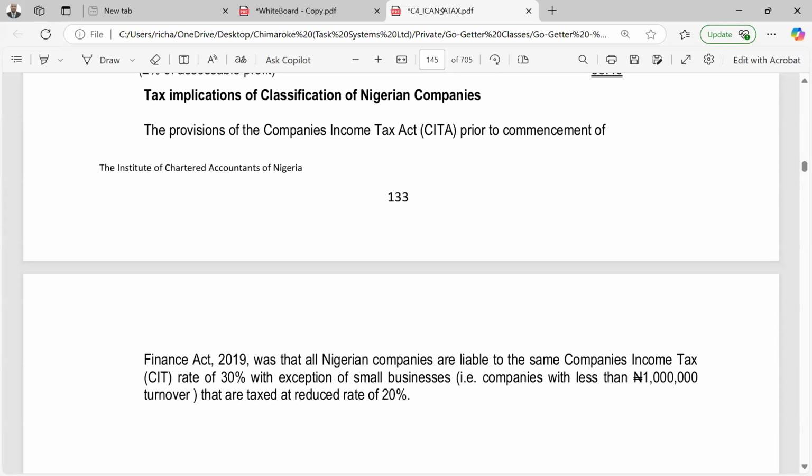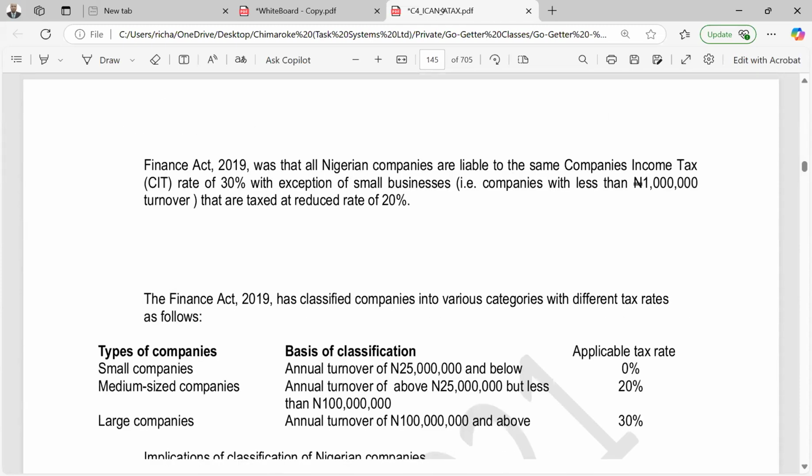Small businesses were charged 20%, and small businesses were known to be businesses with 1 million naira turnover or less. That was what was being carried on till the 2019 Finance Act, which started in 2020, which changed the definition of small business from 1 million to 25 million and exempted them from tertiary education tax.